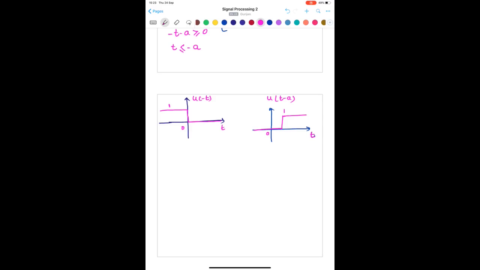It means from a to infinity the function will have an amplitude equal to 1. If I have to sketch u of t plus a, it's minus a, then after minus a, the amplitude is 1 up to infinity.